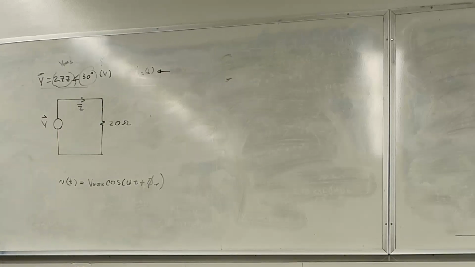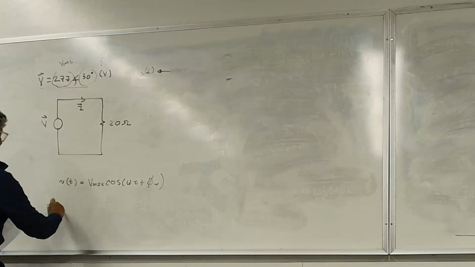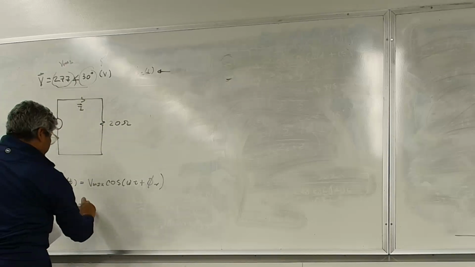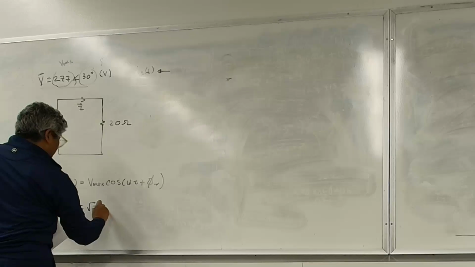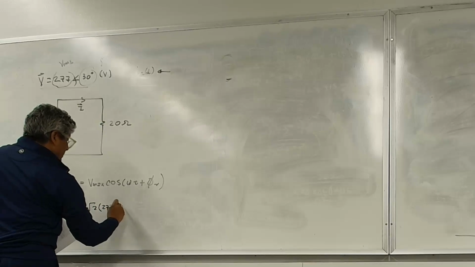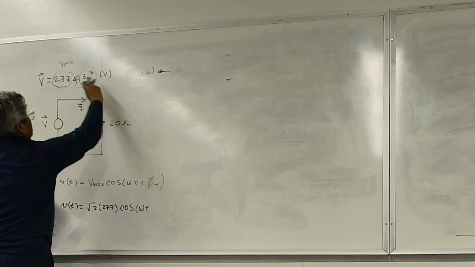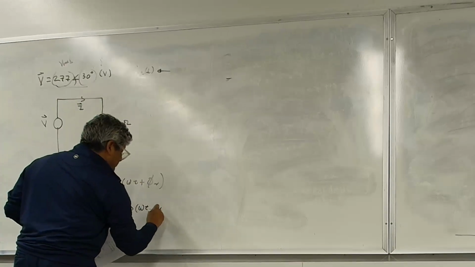So then I can say that V of t is equal to square root of 2 times 277 cosine omega t plus 30 degrees.